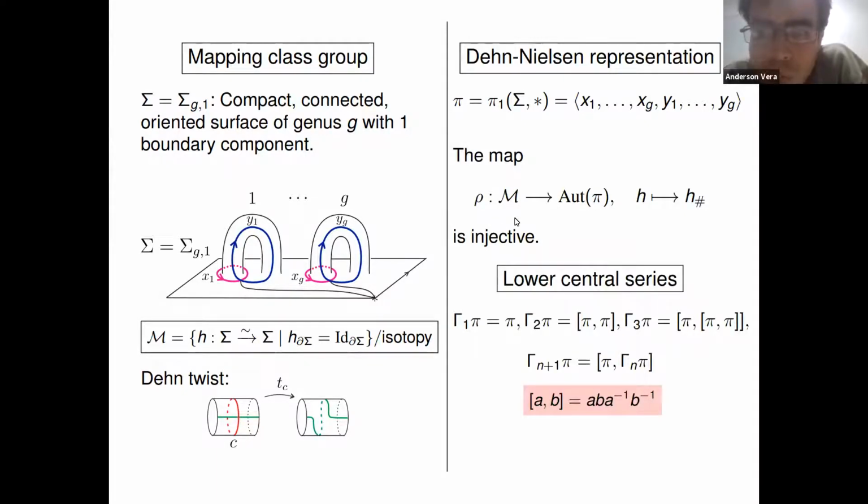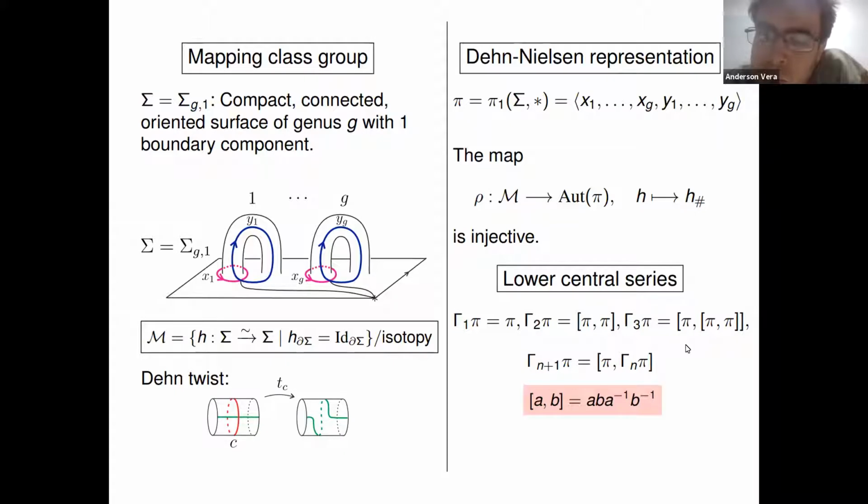By using this map, we are going to study also the action on some quotients of pi. We consider the lower central series of pi. This is the sequence of subgroups of pi defined as follows. The first term in the sequence is pi. The second term, gamma 2 of pi, is the subgroup generated by commutators of length 2, that is, by elements of the form a b a^-1 b^-1.